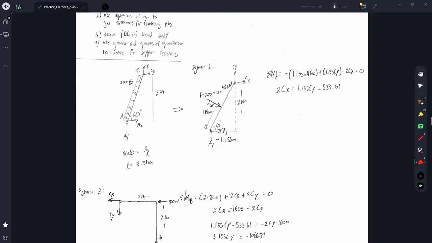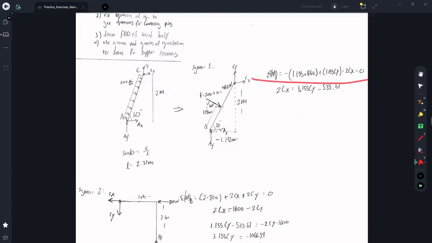Then there's a moment caused by this 1.155 and CY, the vertical component of the pin at C. And then there's a moment caused by this 2 meters and CX, which is counterclockwise, so negative.